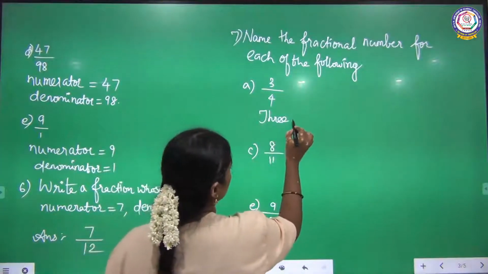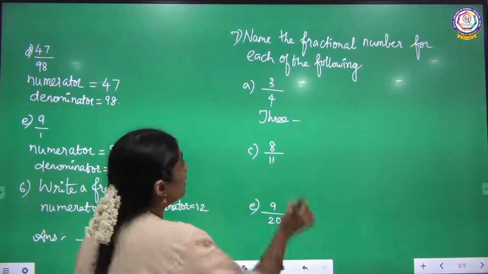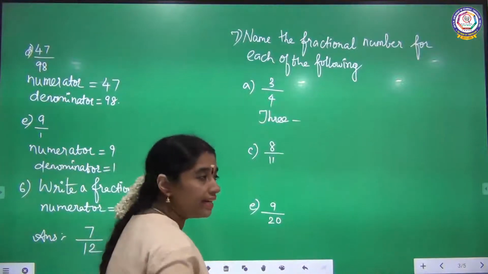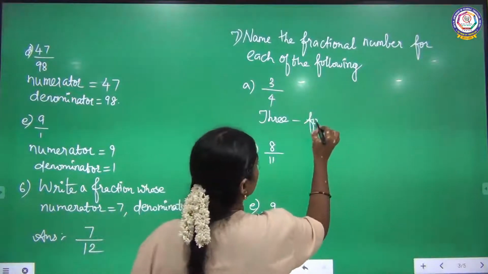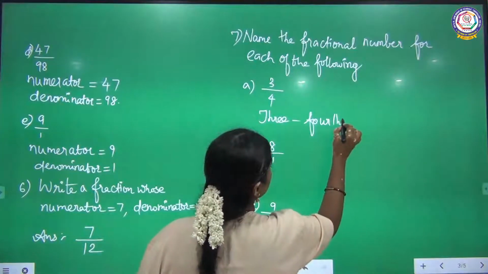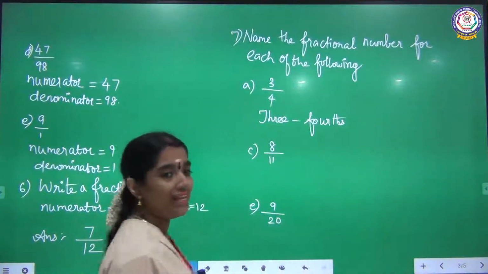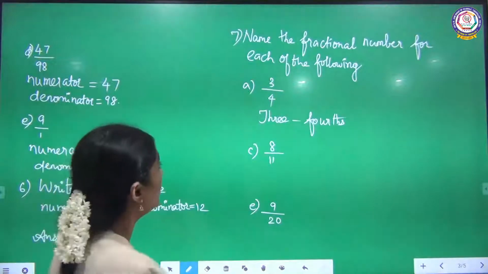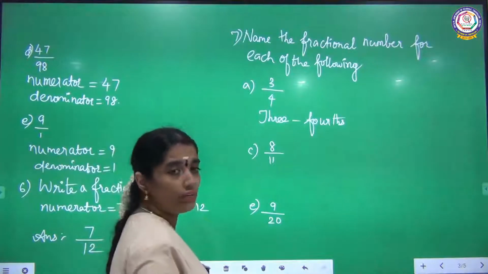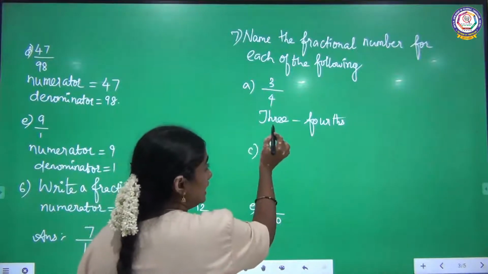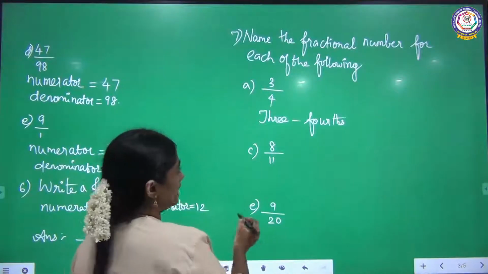Division line. So a line. And 4, it is in the denominator. So I can write it as fourth. Just THS should be added. Can you clear this? 3 by 4 I am going to write in the name, which is what? 3/4.